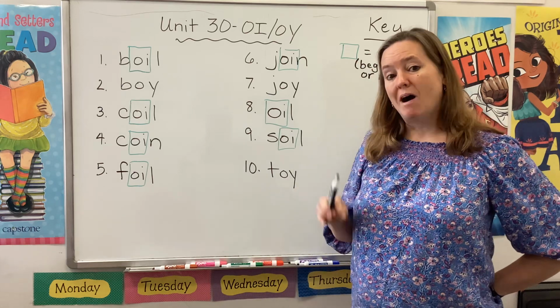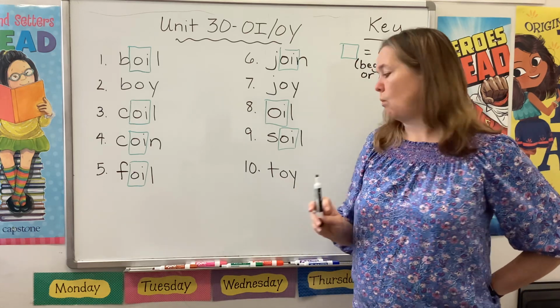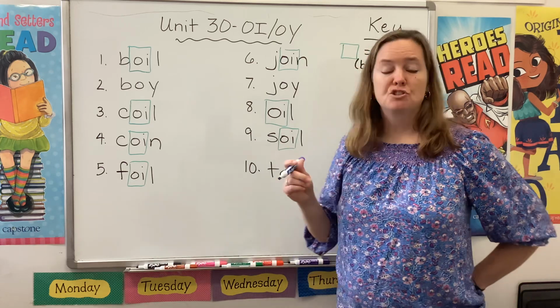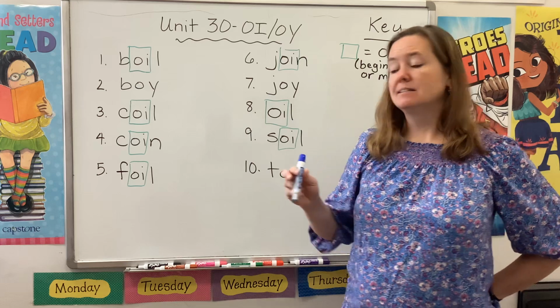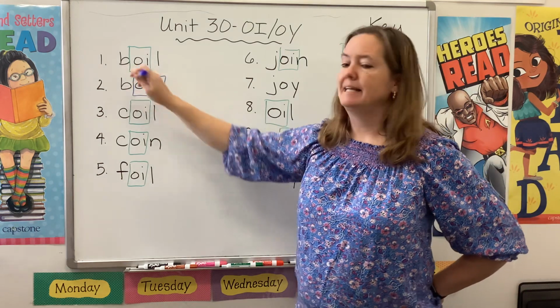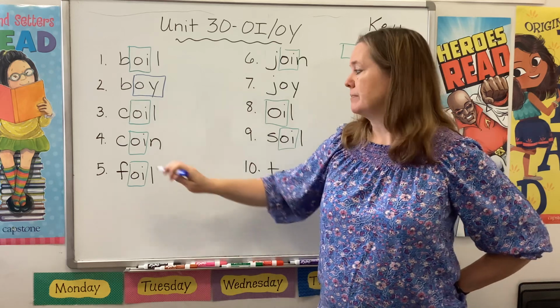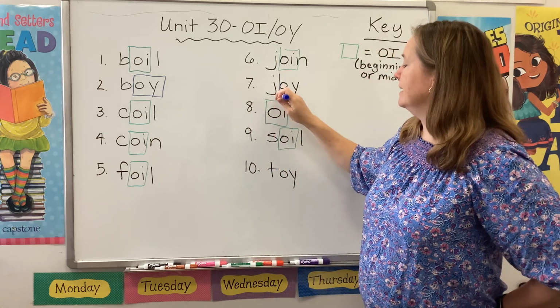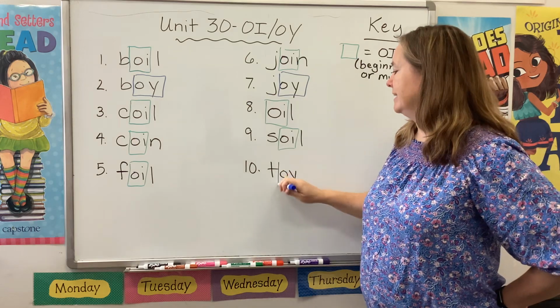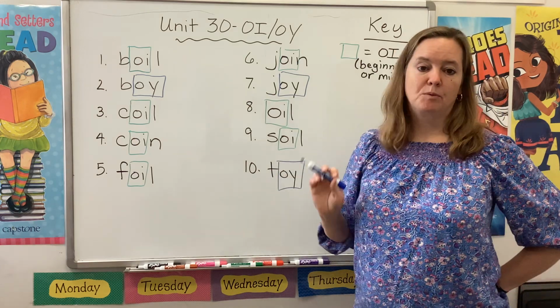Now, if we want a word to end with the oi sound, we have another option. Let's choose another color, and this time we're going to draw a box around the OY in boy, the OY in joy, and the OY in toy, okay?